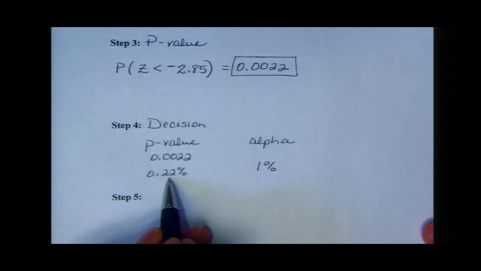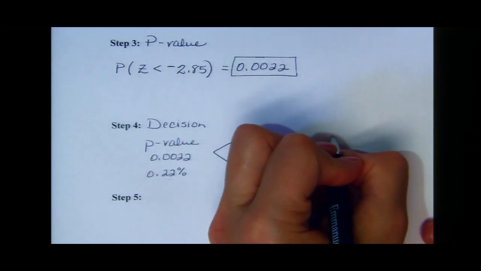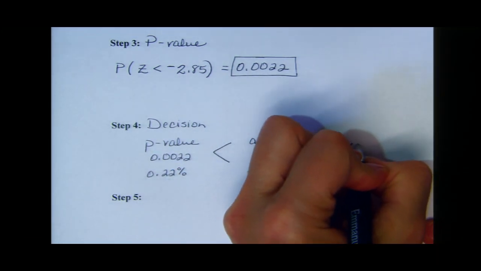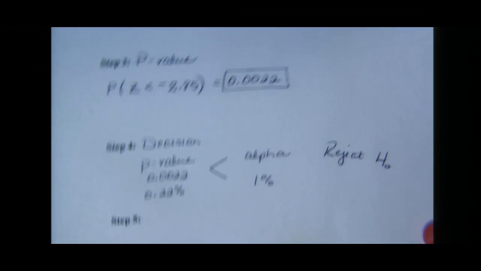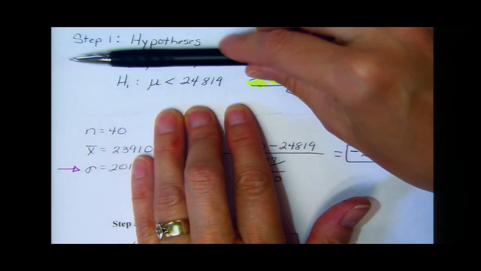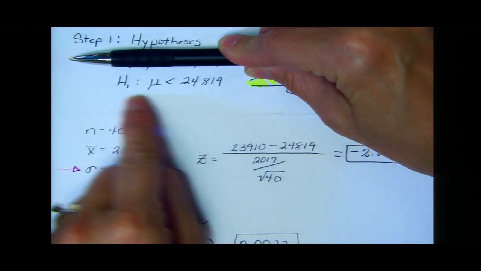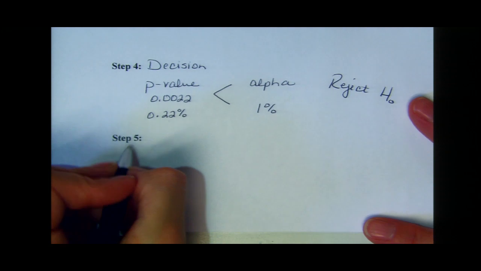Well, this is less than 1%, so less than. So we reject the null, and rejecting the null means we're going to reject the claim that it's equal to, and now we can conclude that it is less than. So basically we've proven our case.